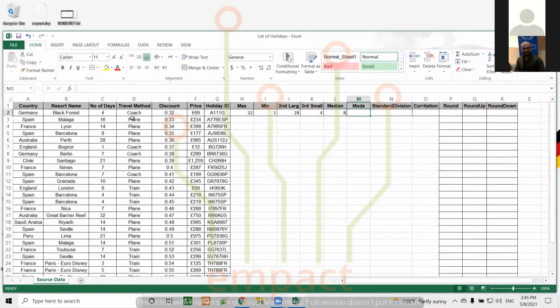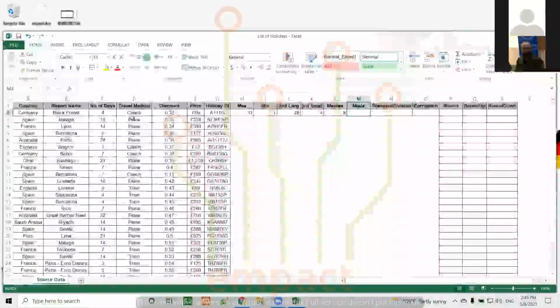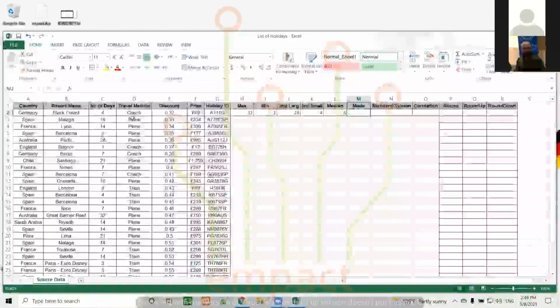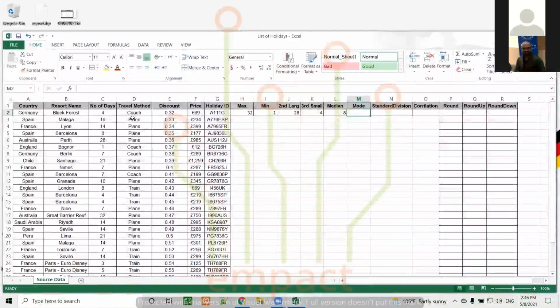Well, let's move to the mode. The mode is the most frequent number that is repeated within your data. When we say mode, it's like an abbreviation of model. Just imagine nowadays the beard for guys has become a model: out of a range of age, if you just look at their faces, they have beards.